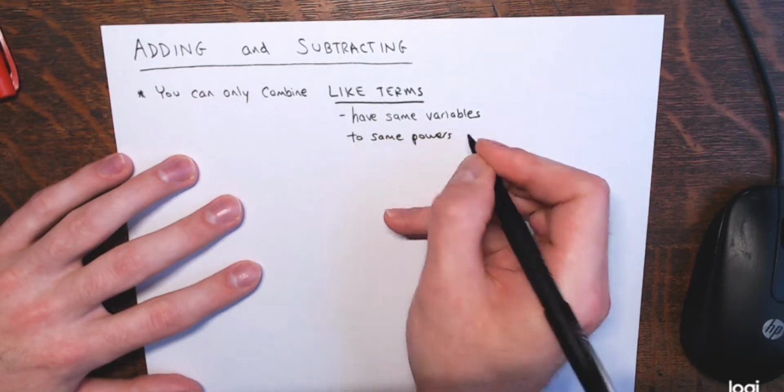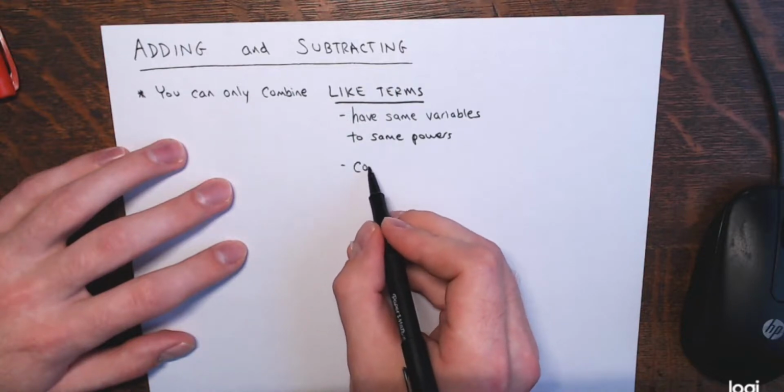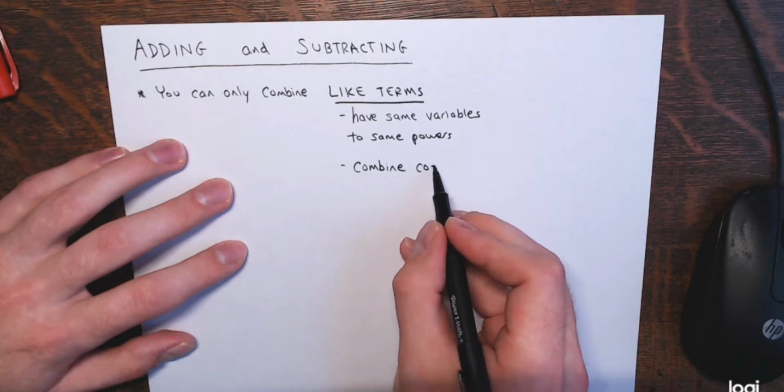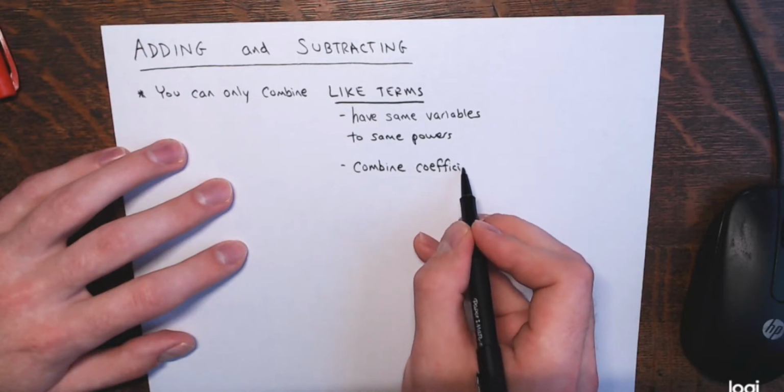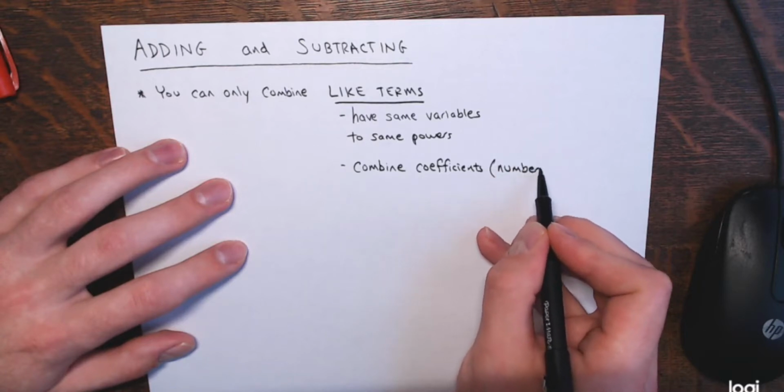Right. And when you combine them, you just combine their coefficients. You don't change the variables and powers. The coefficients are just the numerical parts, the number parts.